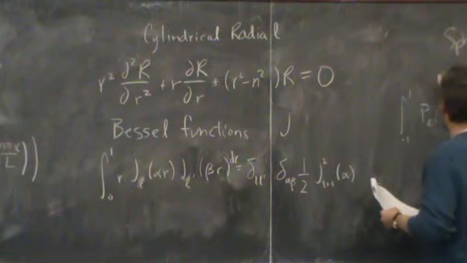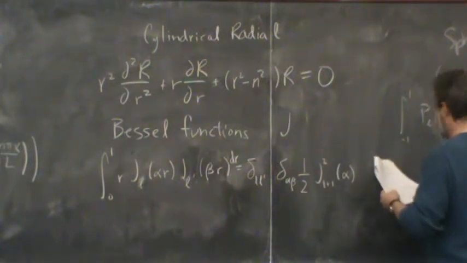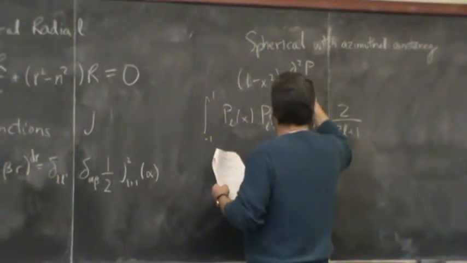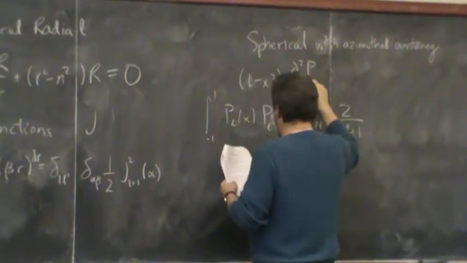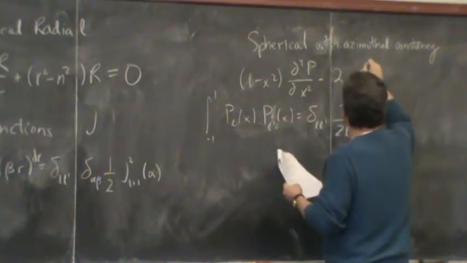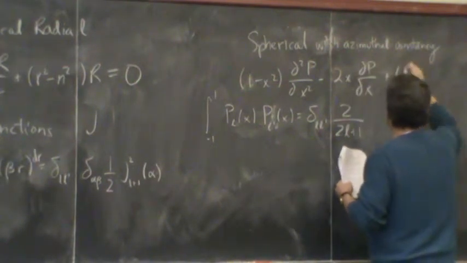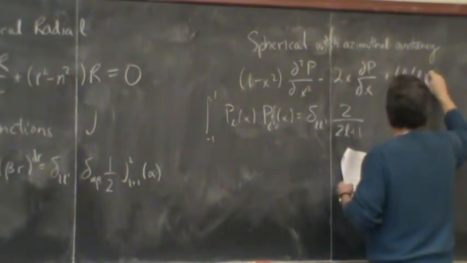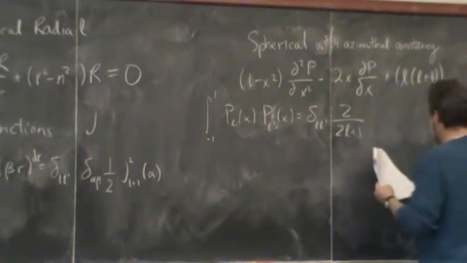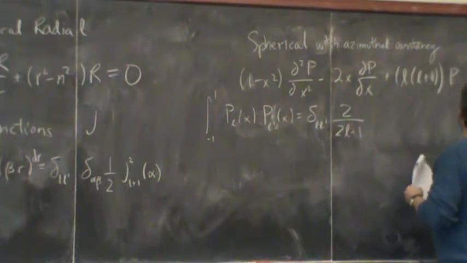I've written this down before, but I'll write it down again. 1 minus x squared d squared P dx squared minus 2x dP dx plus L times L plus 1 times P equals 0.